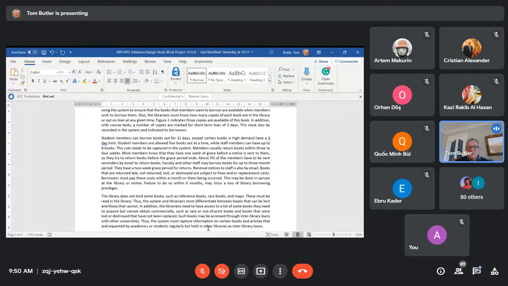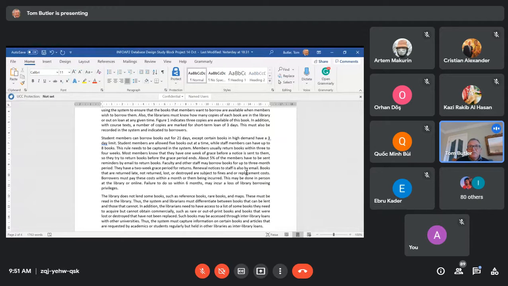Renewal notices to staff is also by email. Okay, and again, the system needs to capture whether a renewal notice was sent or not, and what date.